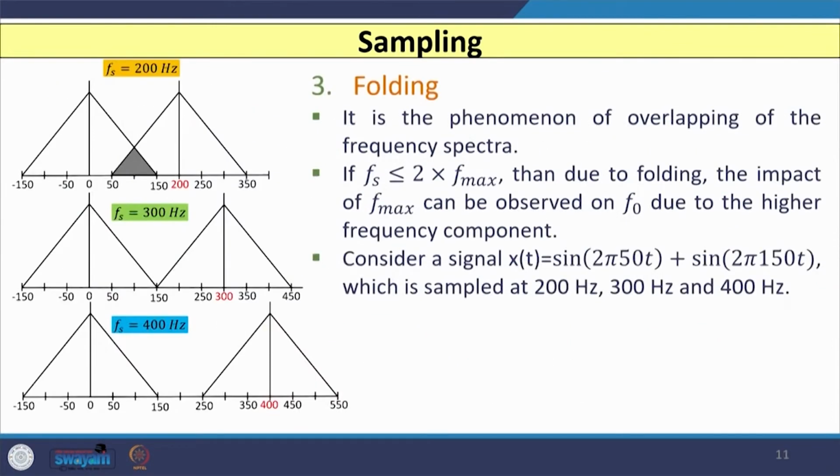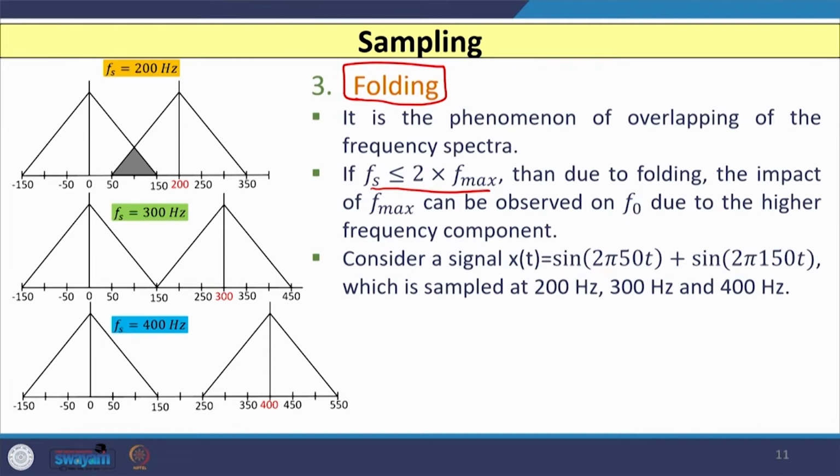Now, the third important effect is known as the folding phenomenon. The folding phenomenon is nothing but overlapping of frequency spectra. This happens when your sampling frequency is lower than or equal to 2 times the maximum frequency component present in the acquired signal.